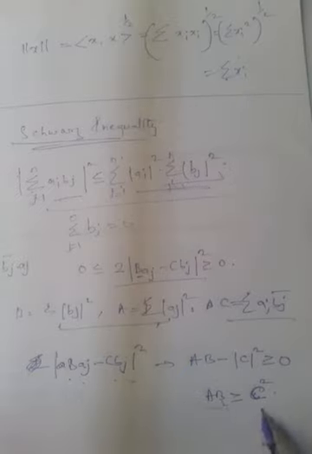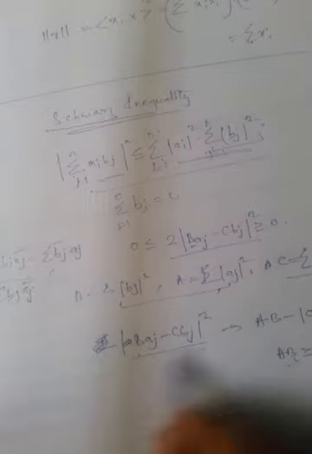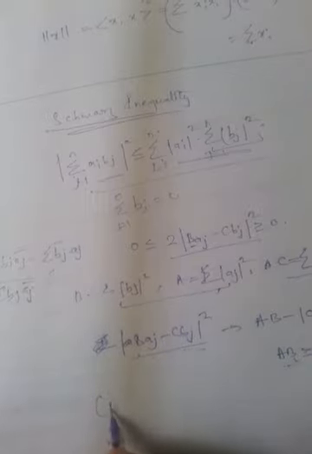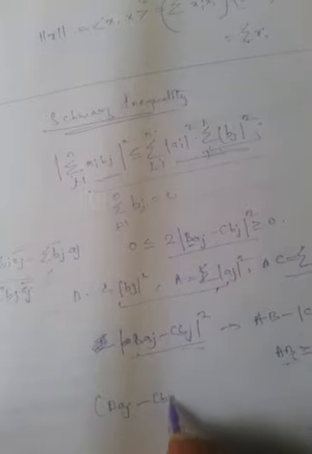All right, so if ab is greater than or equal to c square, then we can say that this relation holds. This is pretty much easy, just normal multiplication.